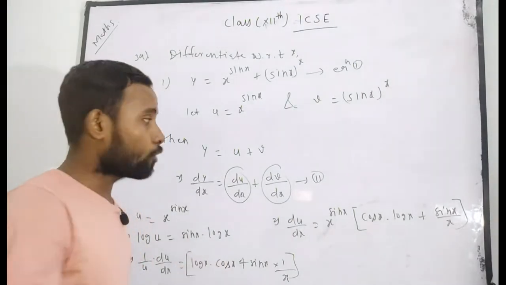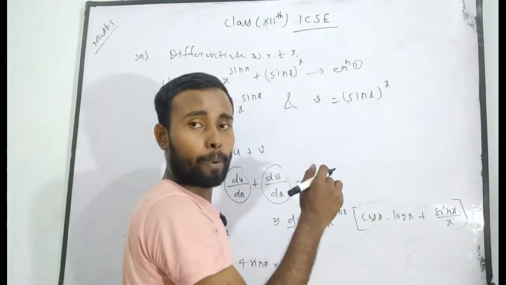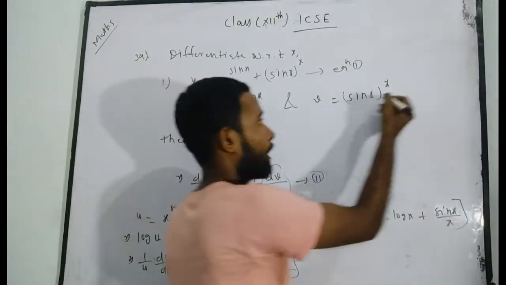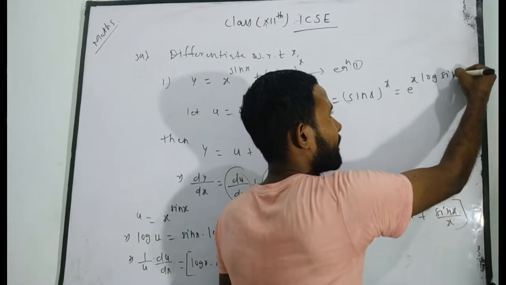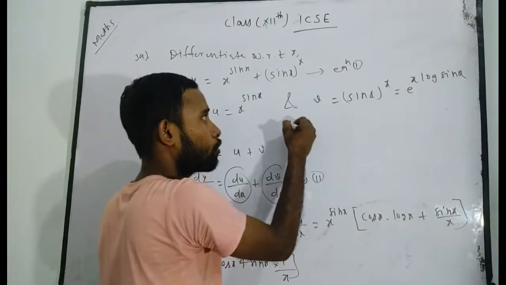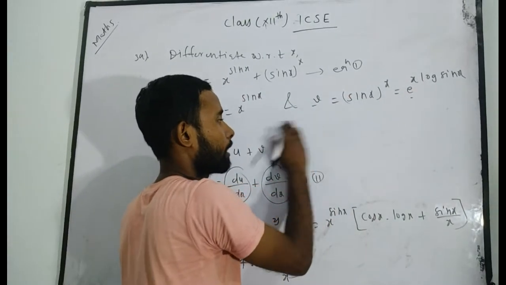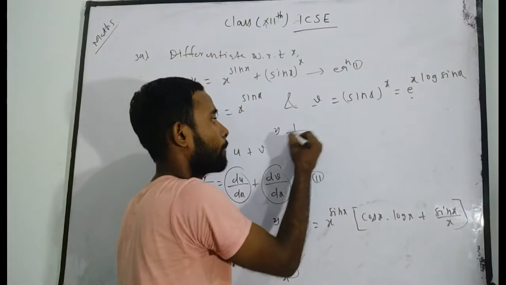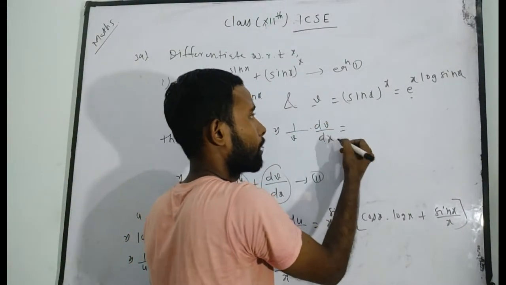Similar way, we have to again find dv/dx. Here v is equal to sin x to the power x. If you take, can you write it as e to the power x into log sin x? After differentiating on both sides, you will get 1 upon v dv/dx is equal to what?